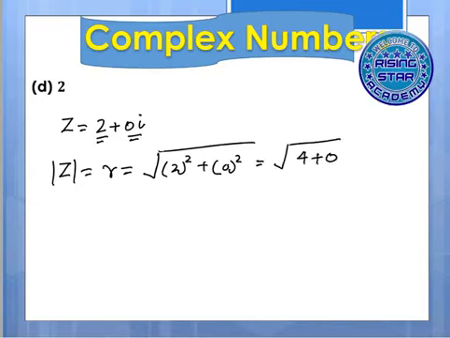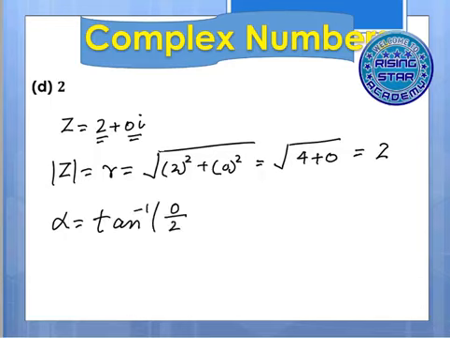So the answer is 2. Next, alpha, that is tan inverse of the coefficient of iota, 0, over 2. So tan inverse of 0 over 2 would become 0, and tan inverse of 0 is 0.